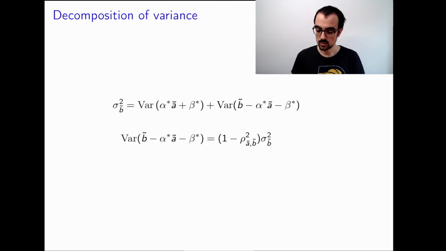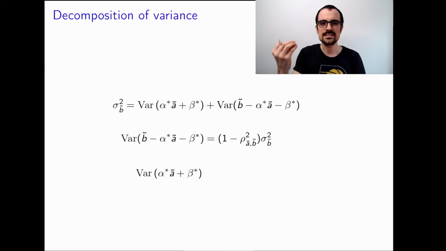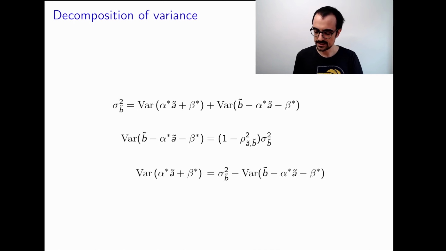So now we can look at the variance of the linear estimate, which in a way is the variance that is explained linearly. Okay, this is where explained variance comes from, like you might have heard this expression. This is just going to be the variance of B minus the variance of the residual. But the variance of the residual is 1 minus the correlation coefficient squared times the variance of B.